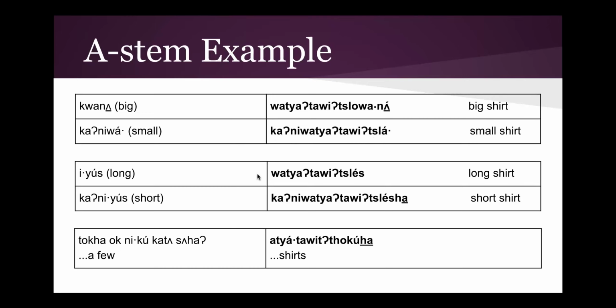So now we can make it a long shirt by using the same process. "Wajat de wheat slice." And we can also make it short. "Gatni wajat de wheat slice."